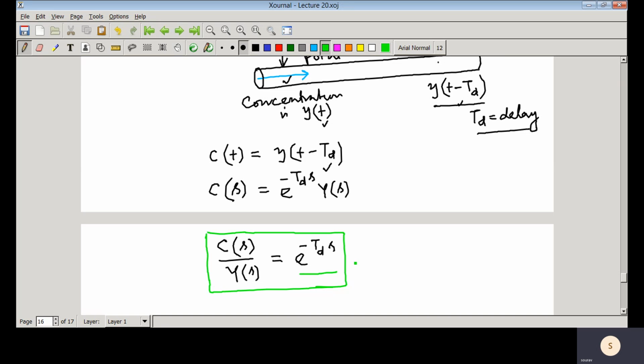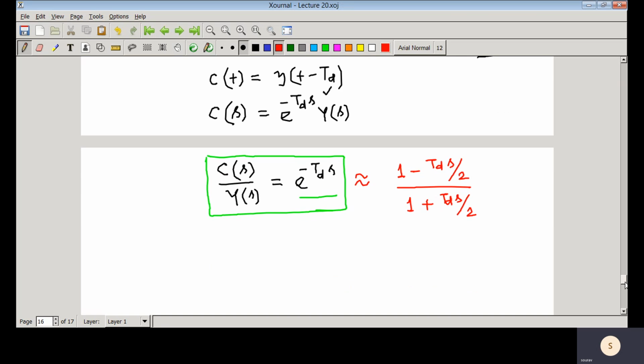So it can be approximated by one transfer function, which is (1 minus Td s by 2) divided by (1 plus Td s by 2). This is called the first order Pade approximation. It has that name, Pade approximation.